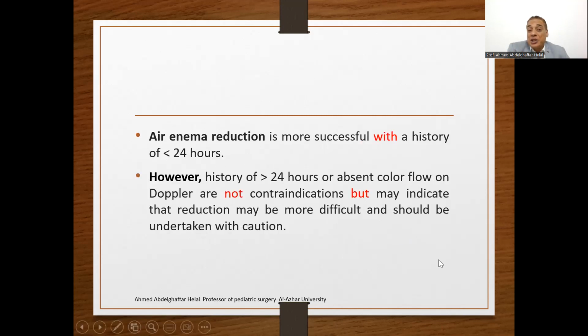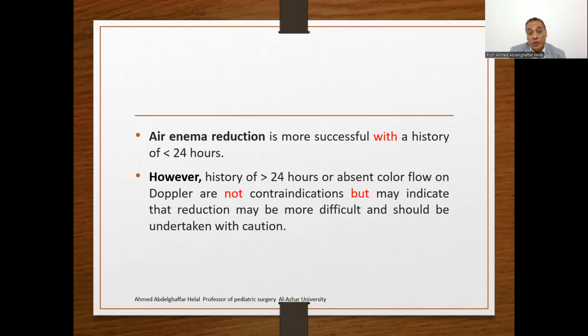Air enema reduction is more successful with a history of less than 24 hours of presentation. However, a history of more than 24 hours or absent color flow on Doppler are not contraindications to trying air reduction enema, but may indicate that the reduction may be difficult and should be undertaken with caution to avoid perforation or failure.